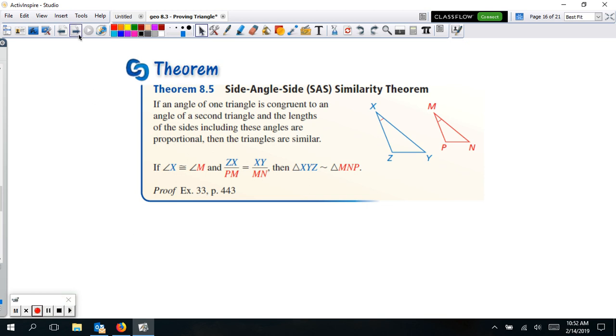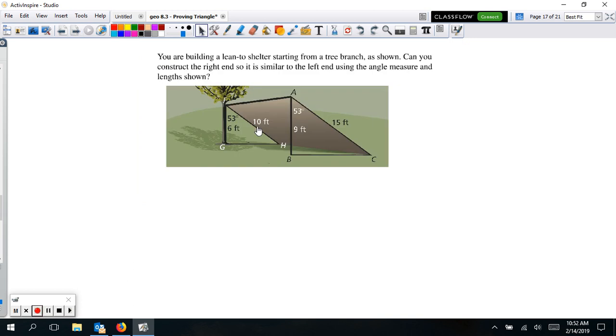So I'm going to have you write some stuff down here. Let's look at one first, though. You don't have to copy this one down. We're going to copy a couple other ones down on your notes in just a second. So here's two triangles, as you can see in this figure. It says you are building a lean-to shelter starting from a tree branch as shown.